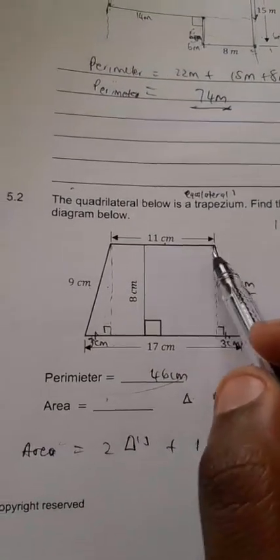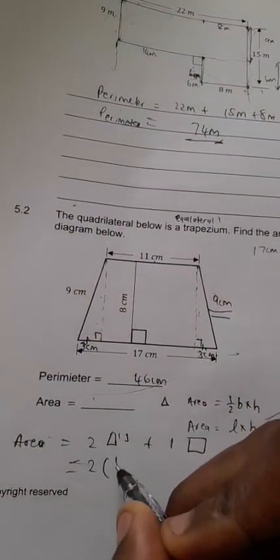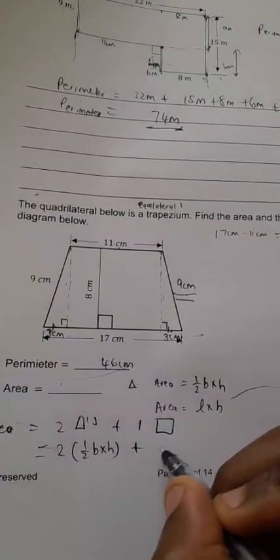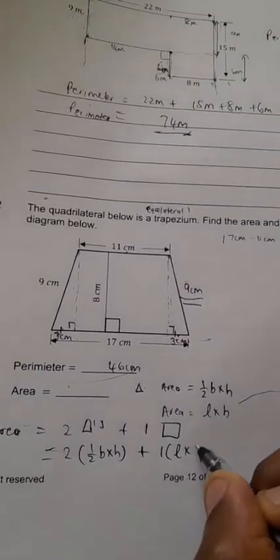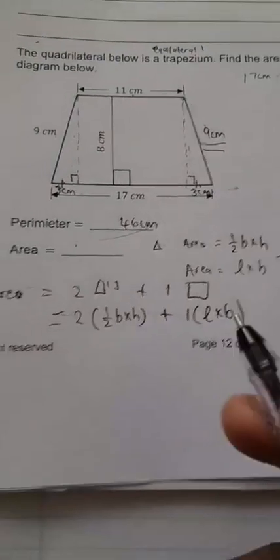So 2 times half base times height plus 1 length times breadth. That's basically what it is. 2 half base times height, meaning 2 triangles.